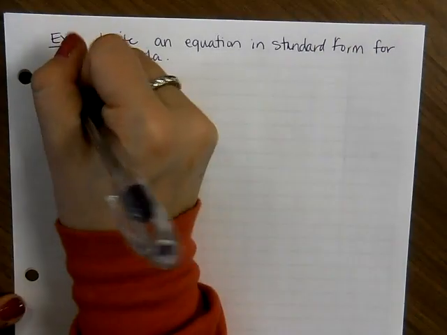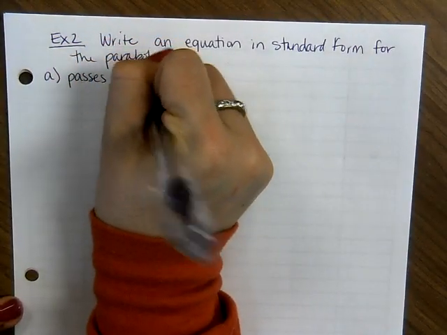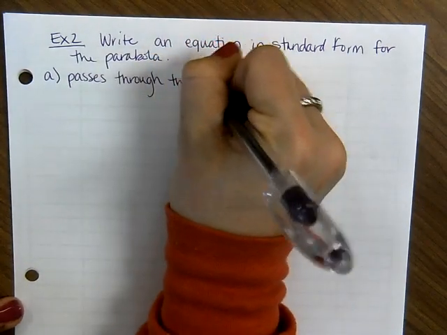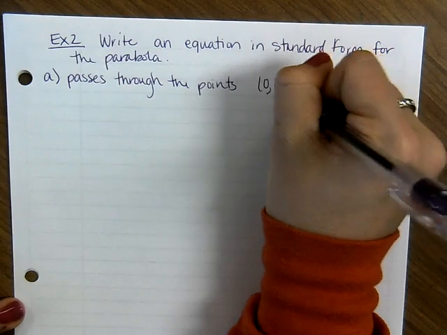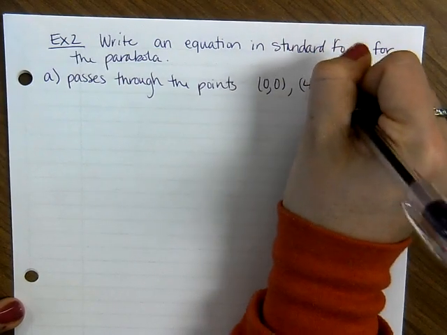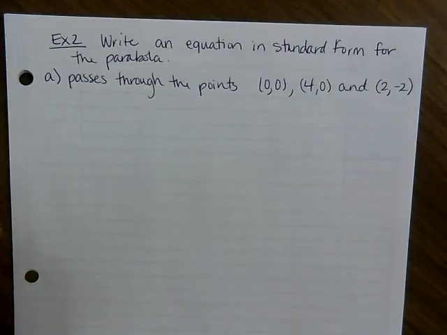Okay, so here's the information we're given. It passes through the points 0, 0, 4, 0, and 2, negative 2.